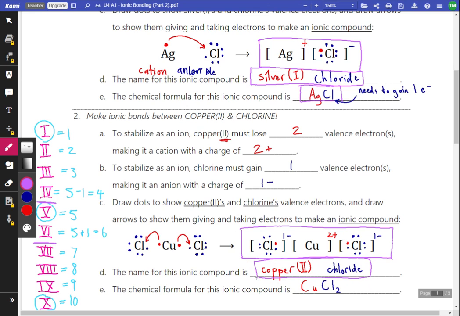We can name this compound copper 2 chloride and give it the formula CuCl2. Okay, so hopefully you've seen that these aren't all that different from the other problems that we've done. The only curveball we've thrown in is this Roman numeral thing. And that just really is a helpful hint of how many valence electrons a transition metal in that kind of value of the periodic table is going to give up.